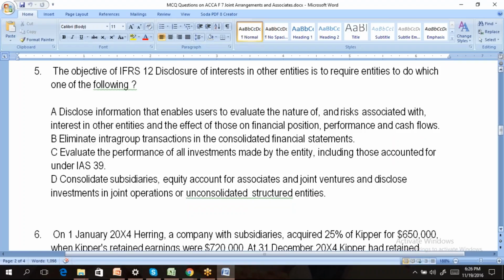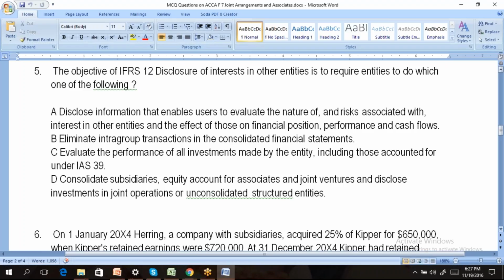This is IFRS 12, so let's see whether we can get that one. The objective of IFRS 12, Disclosure of Interests in Other Entities, is to require entities to do which one of the following? A: Disclose information that enables users to evaluate the nature of risks associated with interests in other entities and the effect of those on financial position, performance and cash flows.